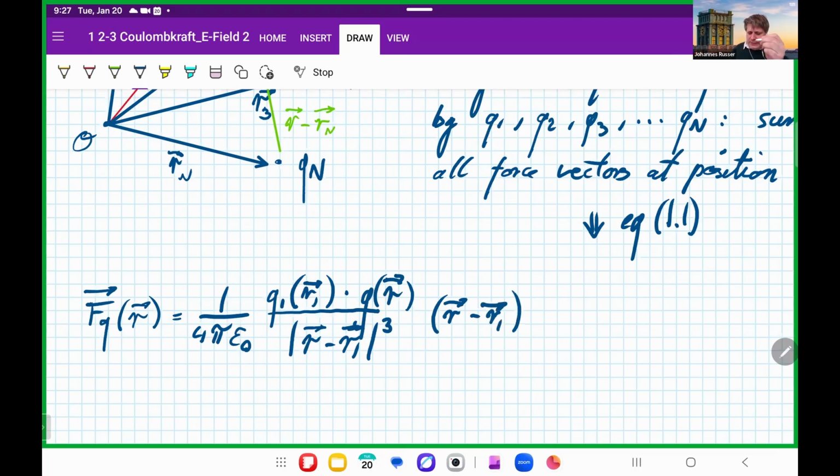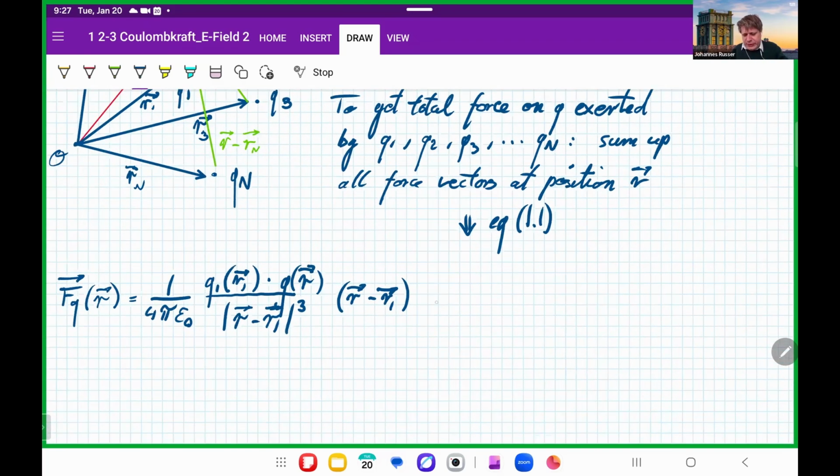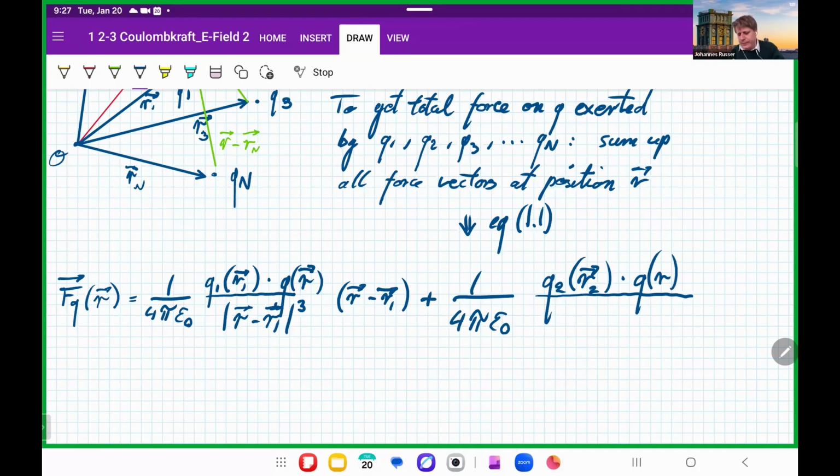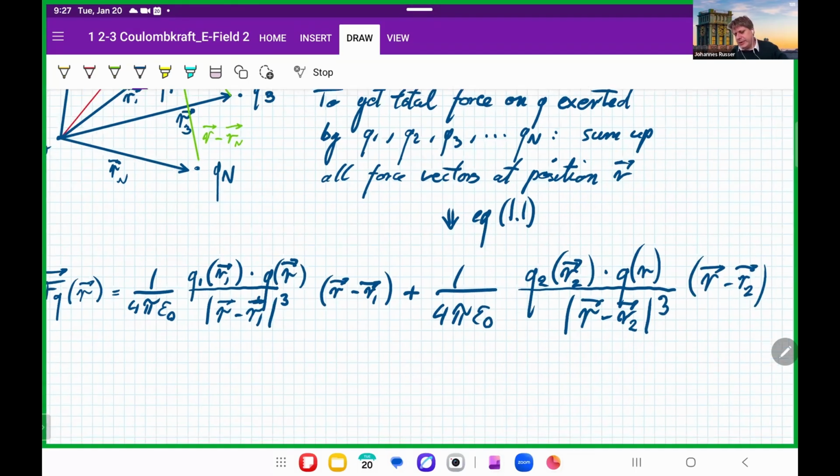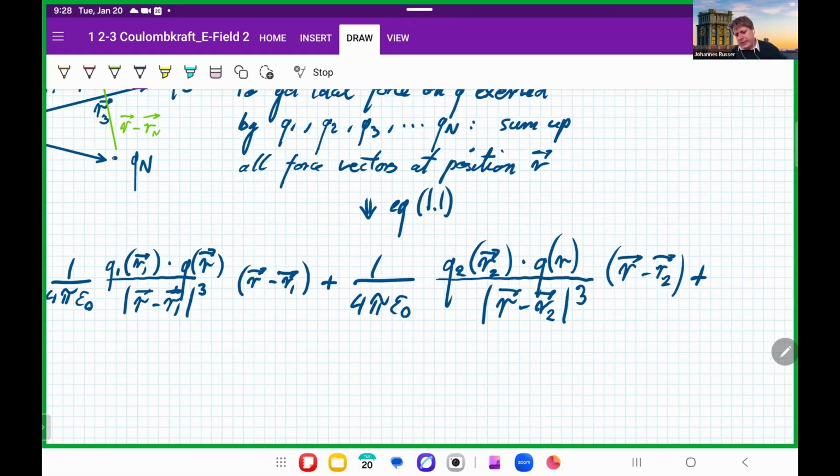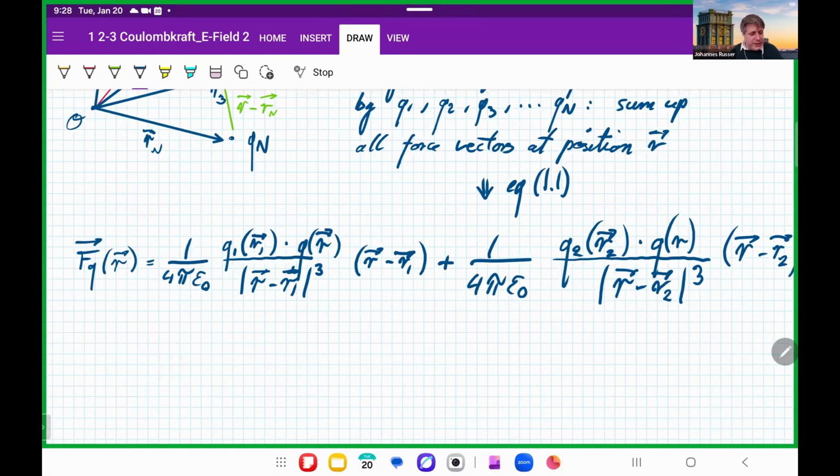We repeat that for the contribution of the second charge, Q2 located at R2, interacting with the test charge at R. So we have again R minus R2 to the power of 3. Now the force due to the interaction with the second charge is accounted for.